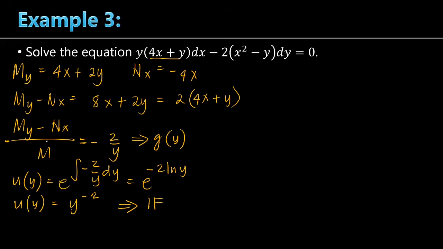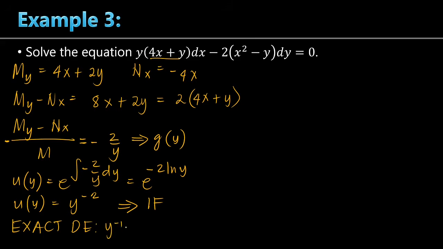Remember, pag m ang divisor, ang makukuha ay function of y, kaya meron tayong g of y, may negative sign, at ang integrating factor ay function of y. So kapag ito minultiply natin doon, ang makukuha natin ngayon is yung exact na DE na. So sulat ko muna dito ha, exact DE. Ano yung exact DE?